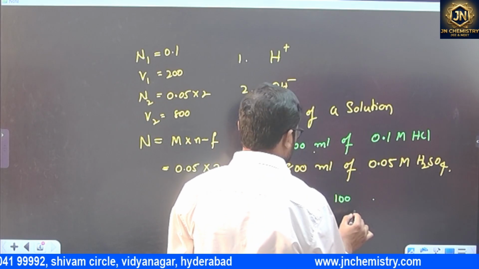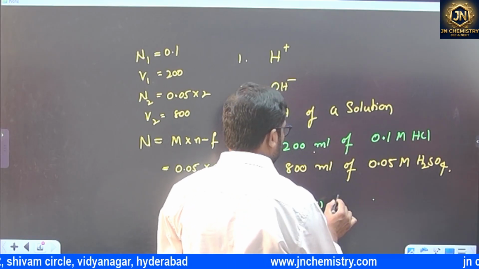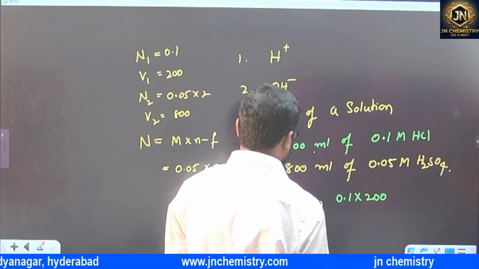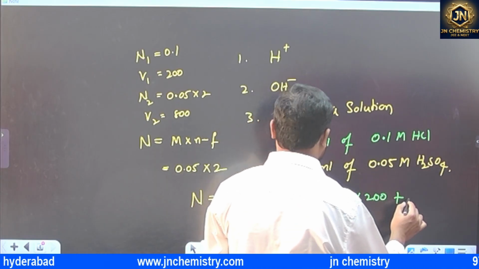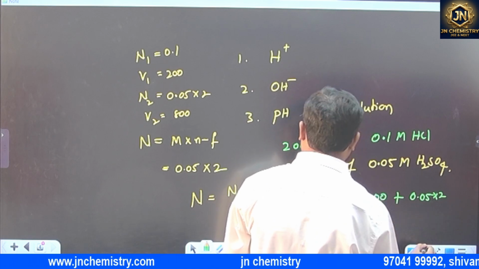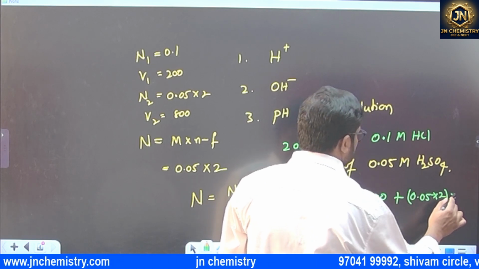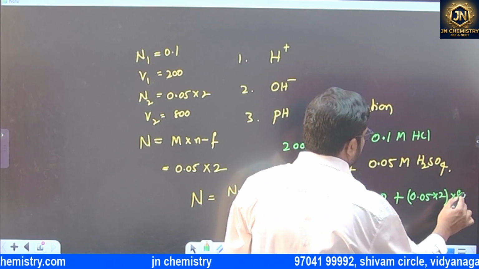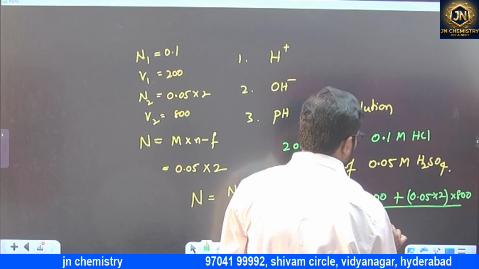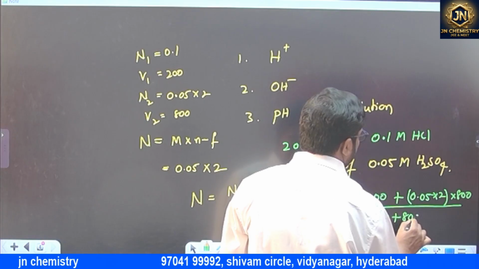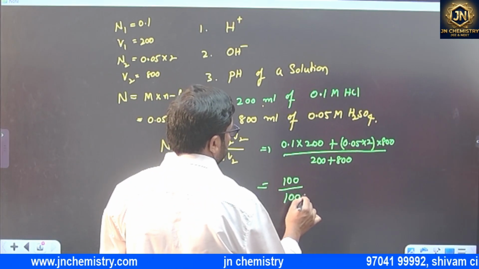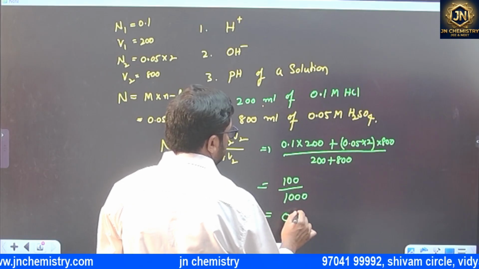Put the values here: 0.1 into 200 plus 0.05 into 2 into 800, by 200 plus 800, that is 100 by 1000, nothing but 0.1.